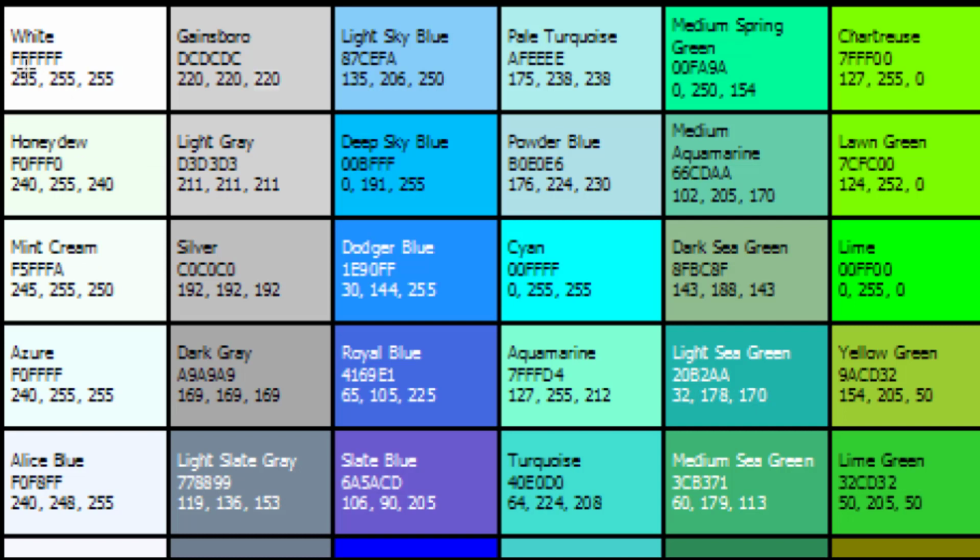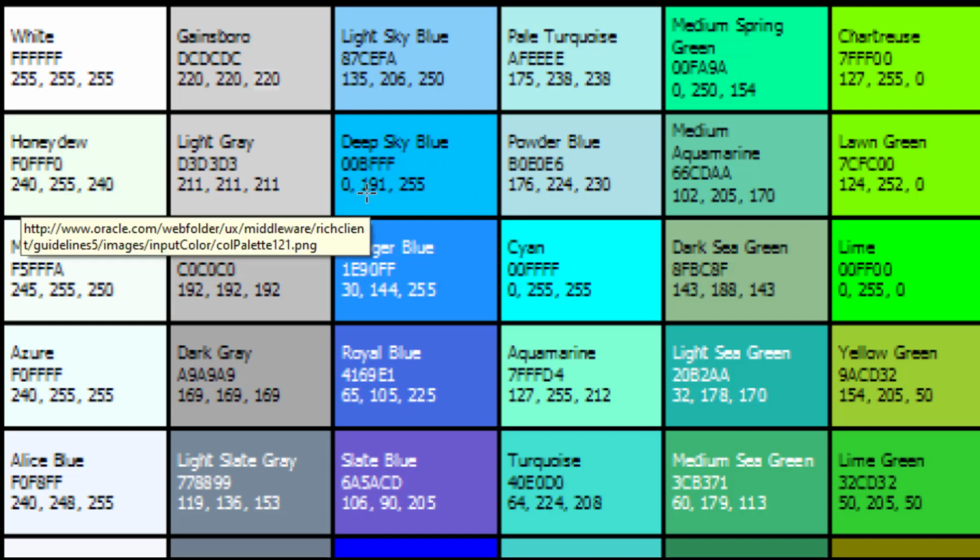So here's white, which is FF. FF is 255 because it's 15 in the 16th place and 15 in the 1st place. If you do the math, that'll be 255. So that's red, green, blue, everything on. Whereas you come down here, it's like this deep sky blue.